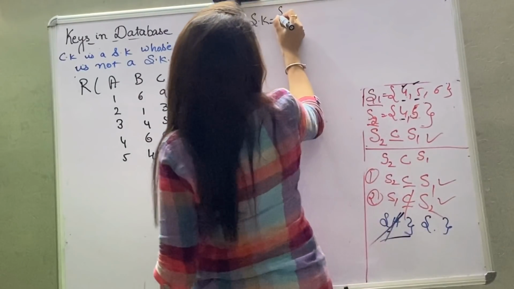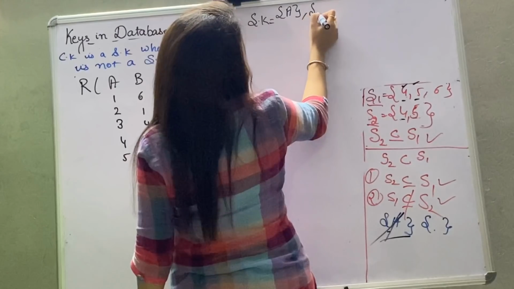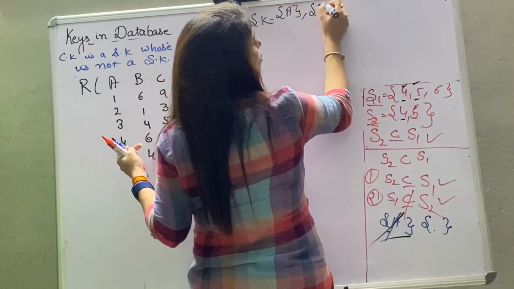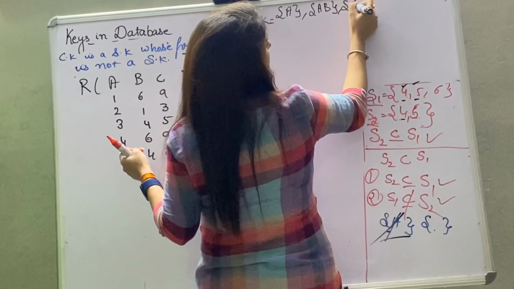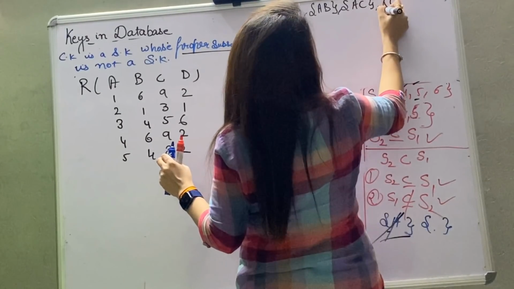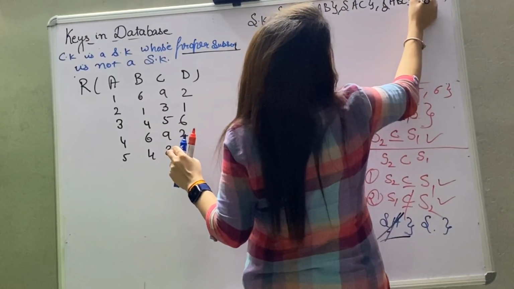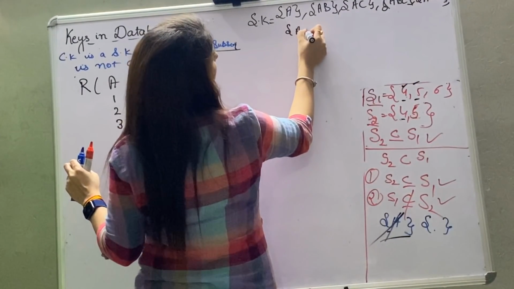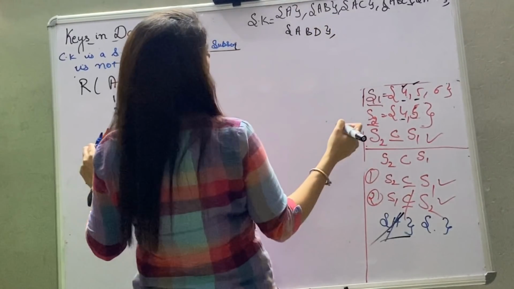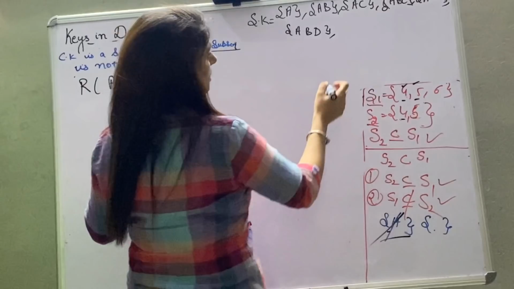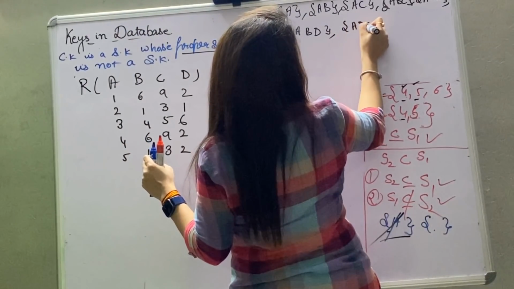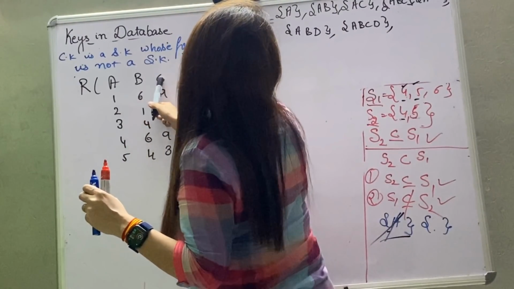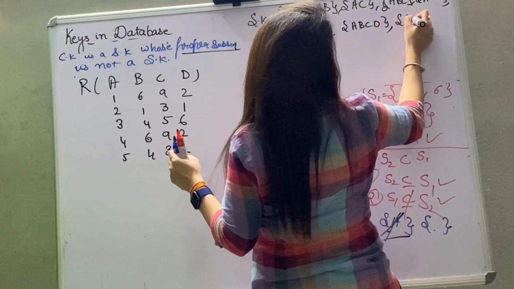If I combine A with other attributes, then definitely they are also going to be super keys: AC, ABC, ACD, ABD, ABCD, and AB, AC, AD.